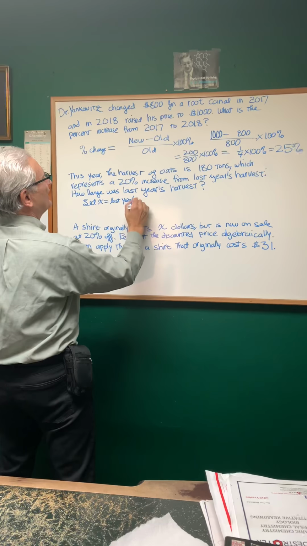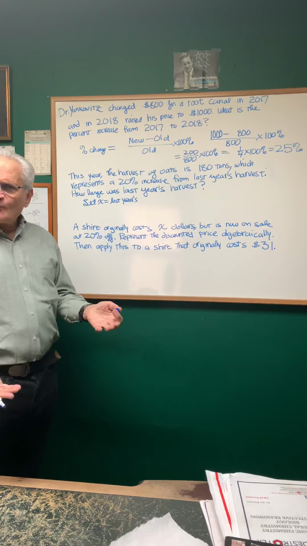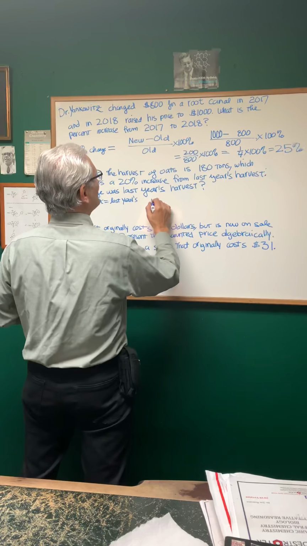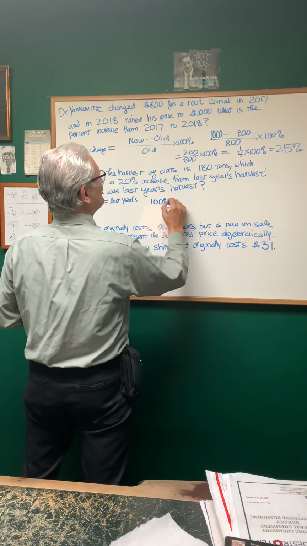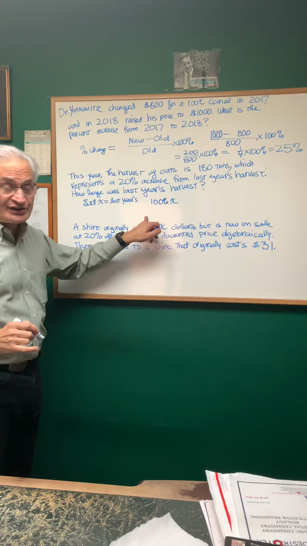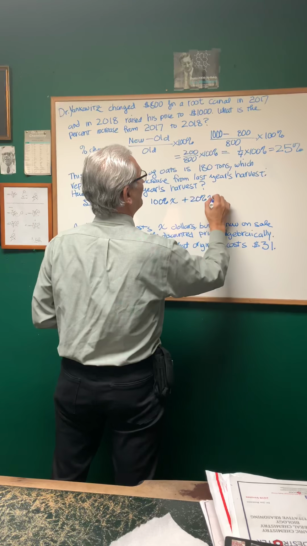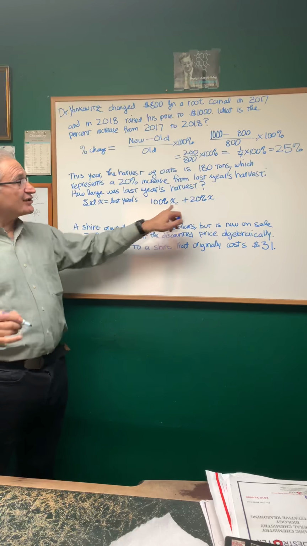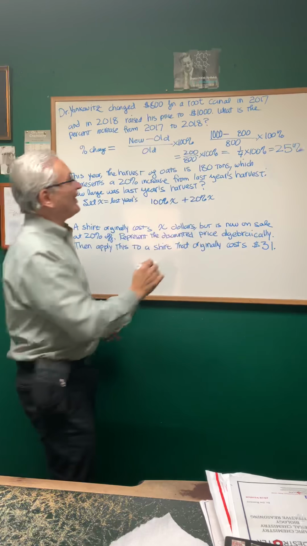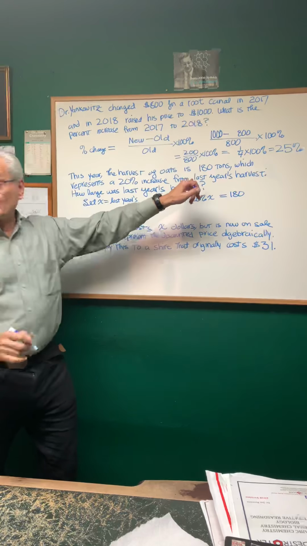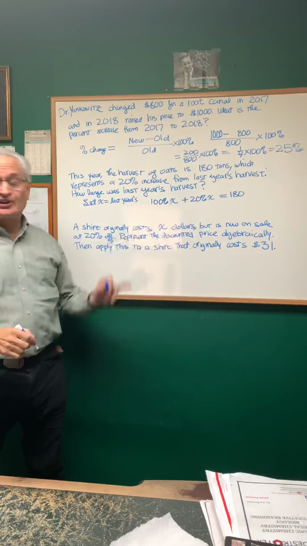What happened to last year's harvest? It increased by 20%. So let's write this down. We have 100% of last year's harvest, and that increased by 20% of that harvest. 100% of X plus 20% of X equals the 180 tons. That represents this year's harvest, the 20% increase.